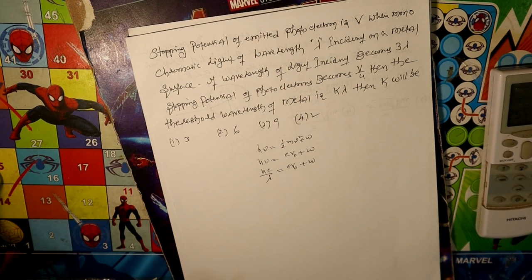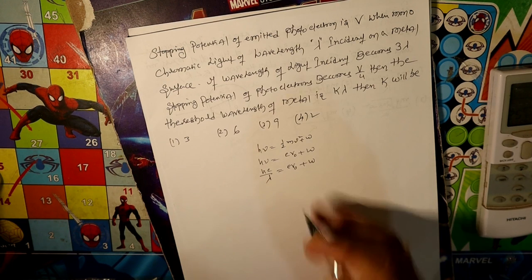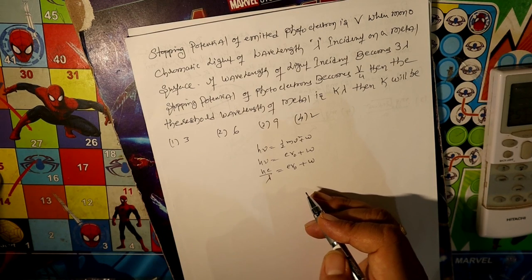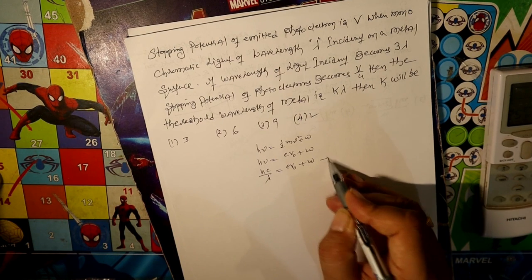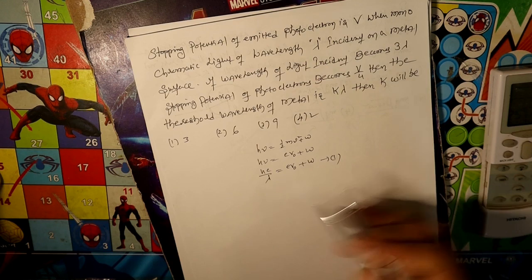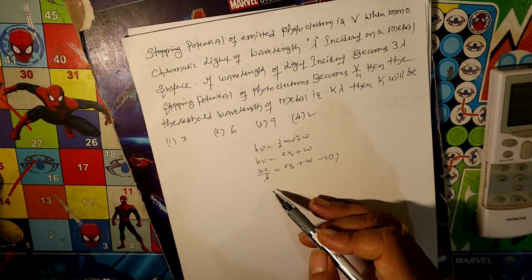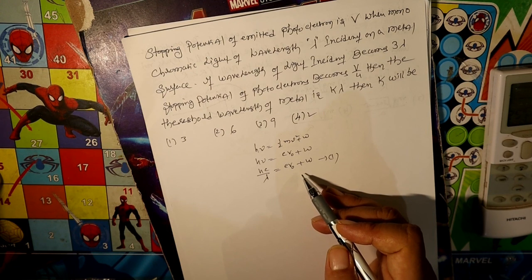This is equation 1, when the wavelength of light lambda is incident on a metal surface.